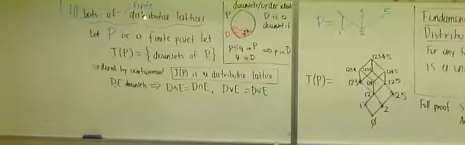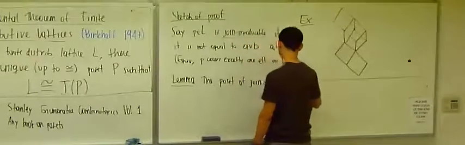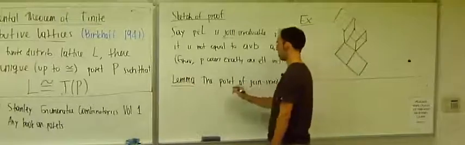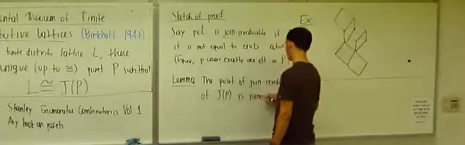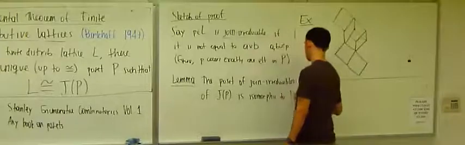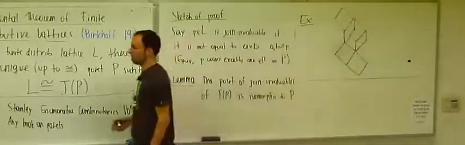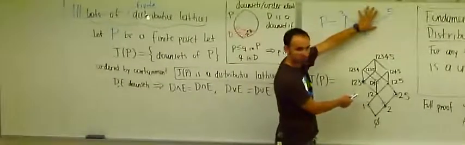So here's a lemma. Lemma. The poset of join irreducibles of J of P is isomorphic to P. In other words, I took this P and I constructed J of P. But what I'm claiming is that just looking at J of P, you can recover P. All you do is you look at the join irreducible elements and you see how they compare to each other.